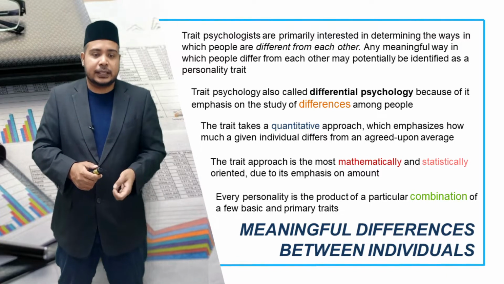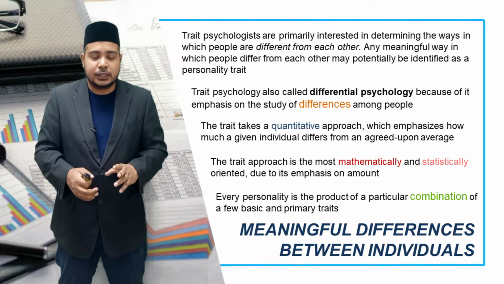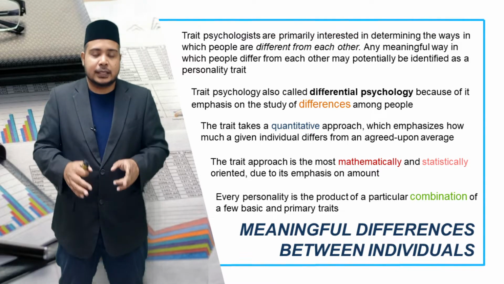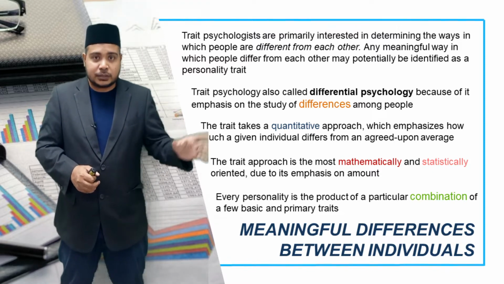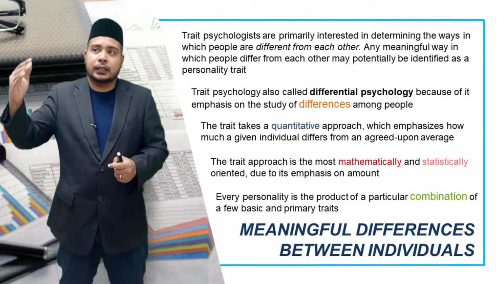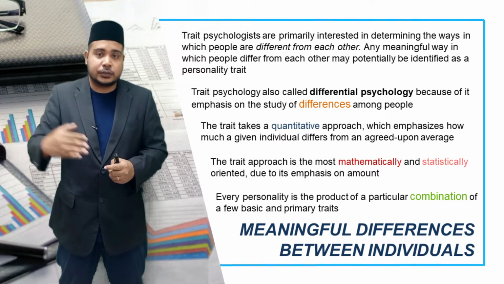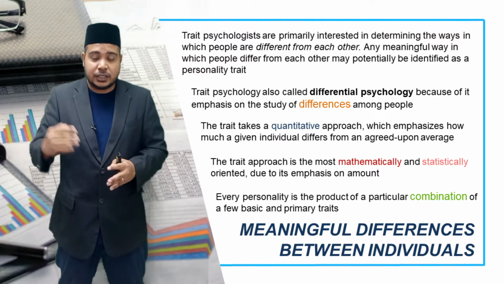So every personality is the product of a particular combination of a few basic and primary traits. So remember, when we look at different taxonomies, there are super traits, okay, there are subtraits, there are narrower traits, okay, there are habits, there are specific actions.